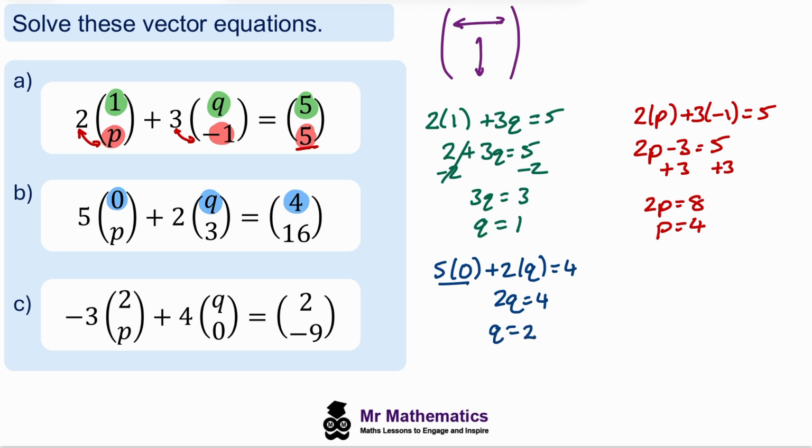And then for the vertical components, we'll have the p, the 3, and the 16. So 5p plus the 2 times the 3 must equal 16. 5p must equal 10, so p must also equal 2.